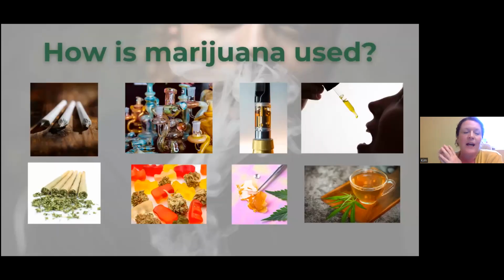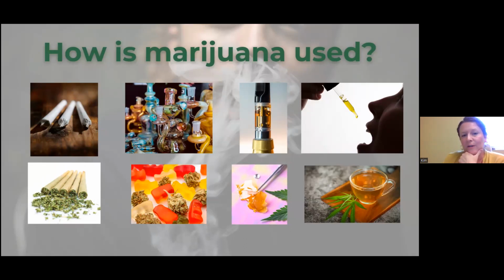So when we talk about how marijuana is used, we know that it is used in many, many different ways in comparison to, let's say, the 1970s, right? The use of joints and blunts. I'm sure you know this, but a blunt is a cigar that's emptied out and filled, or cigar paper or tobacco leaves used to fill a much larger cigar.